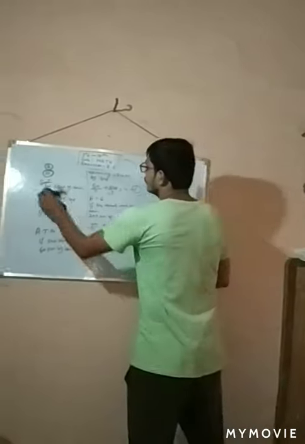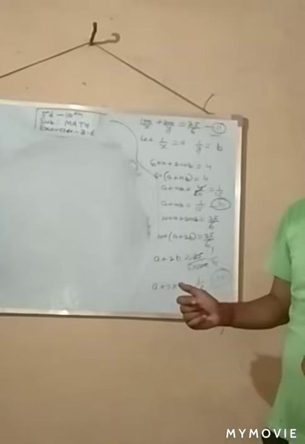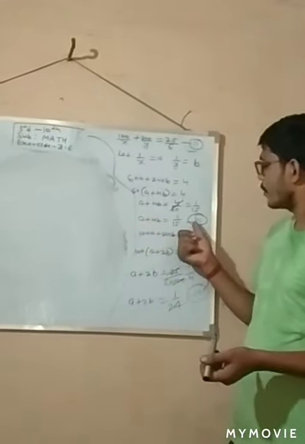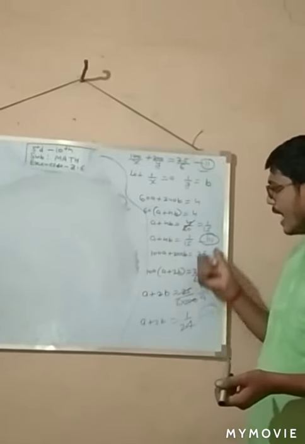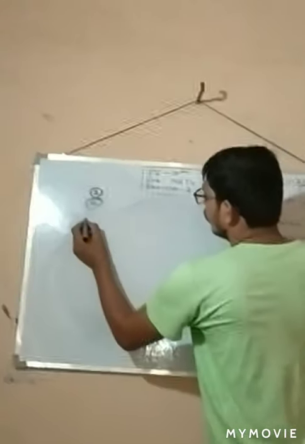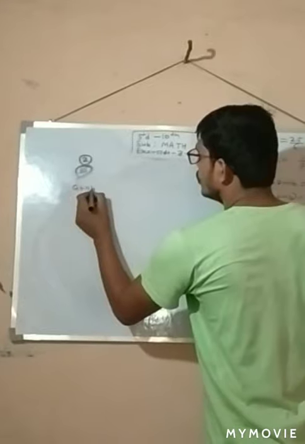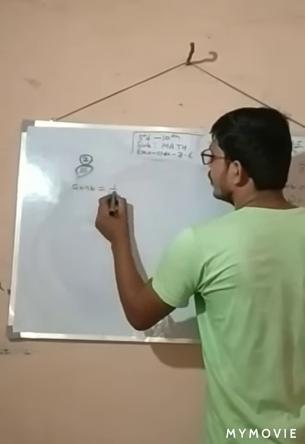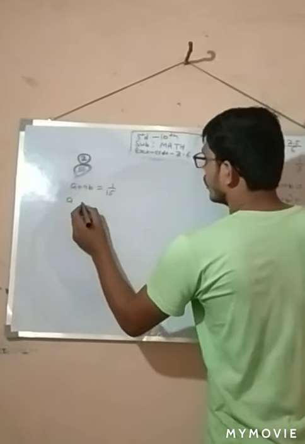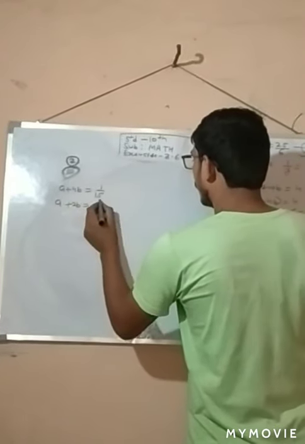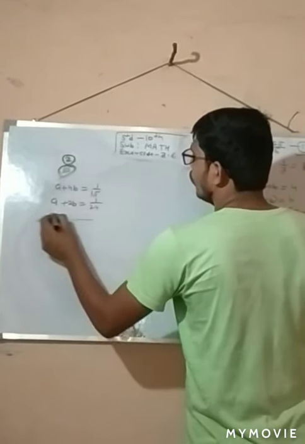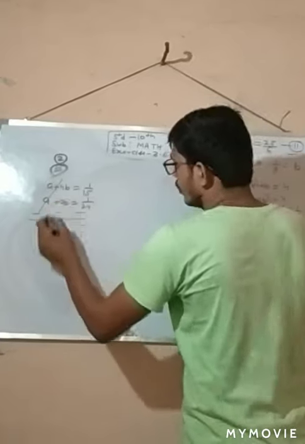Now solving here, on solving equations 3rd and 4th by elimination method. Now write a plus 4b is equal to 1 by 15 and a plus 2b is equal to 1 by 24. Now minus, minus, a cancels out.